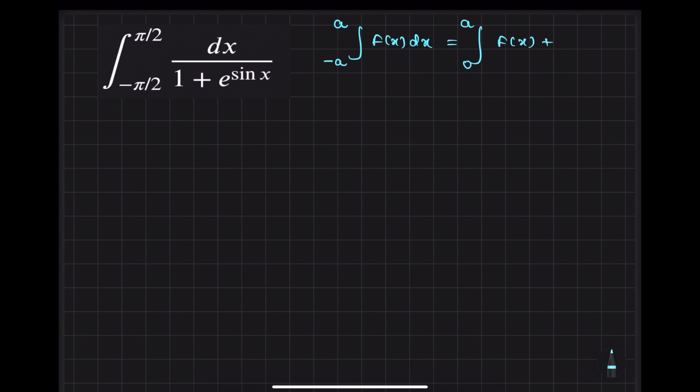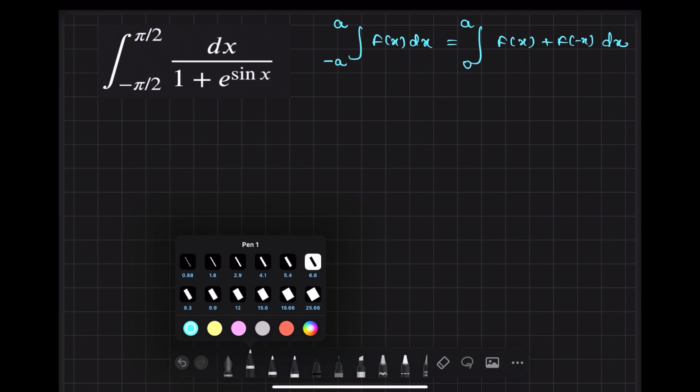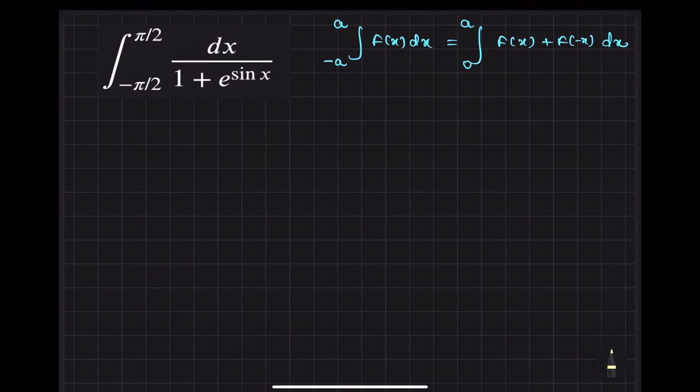of f of x plus f of minus x dx. Okay, so we will apply the same property over this question and let's see what happens next. So it is 0 to pi by 2 f of x.